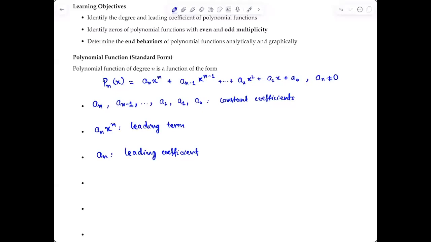Now, in your polynomial functions, you have a sub 0, right? I mentioned this yesterday. A sub 0 is actually multiplied with x, but raised to the 0 power. So therefore, it is a sub 0 times 1, or a sub 0 by itself. For a sub 0 by itself, we call that the constant term.